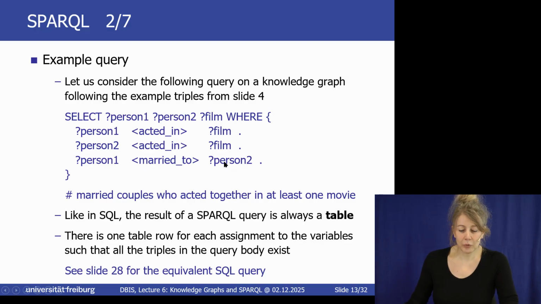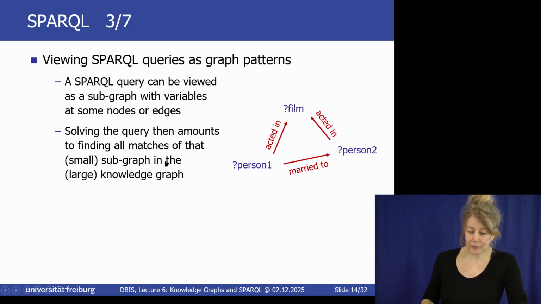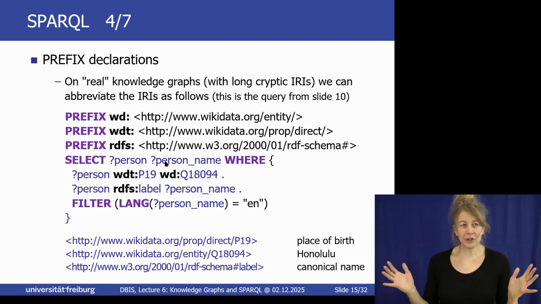But these things do have a direction. I mean, a person acts in a film, a film does not act in a person. And for some predicates which are symmetric, I have to make a choice. Either I put them in both directions or, yeah. But this query has a direction. But we will come back to that. Good question. Any questions so far?